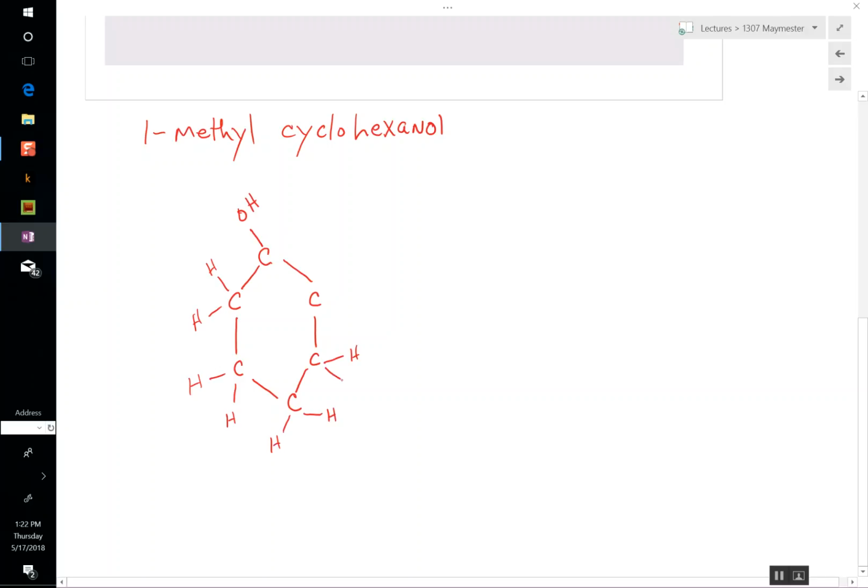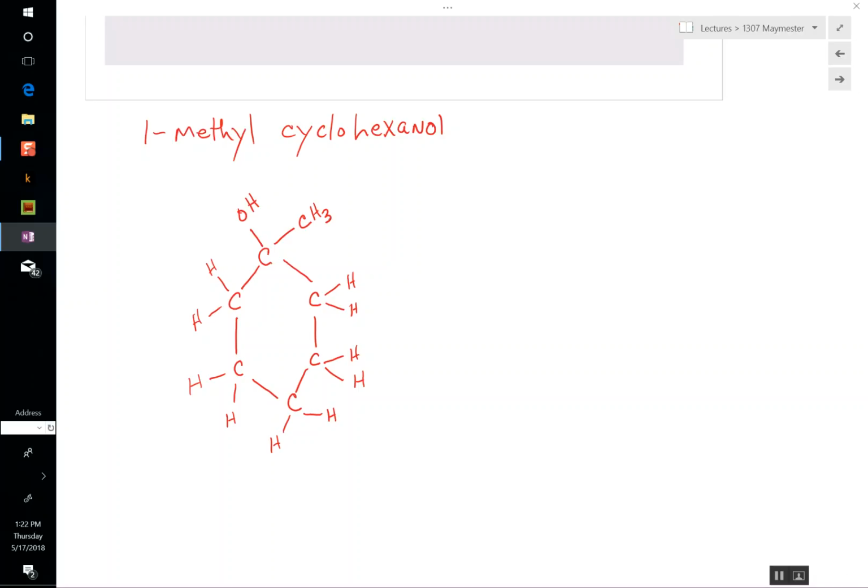Where is the methyl group? It's where? Carbon number 1. That puts it on the same carbon as the OH group, right? So what class does that fall into?